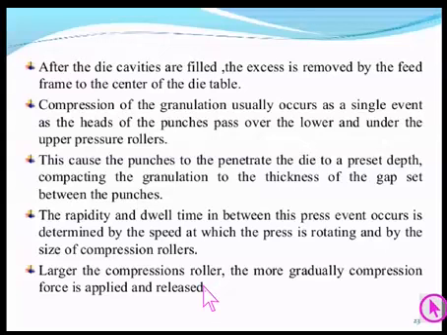Moreover, for this purpose sufficient dwell time is required, and this will depend on the speed of the tablet machine as well as the diameter of the rollers. Larger the diameter of the roller, the pressure that is getting applied over the punches will be a gradual one. Gradually it is increasing and gradually it is decreasing. So that will give us more dwell time.